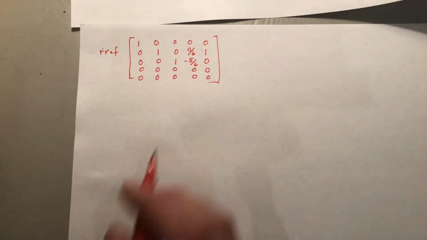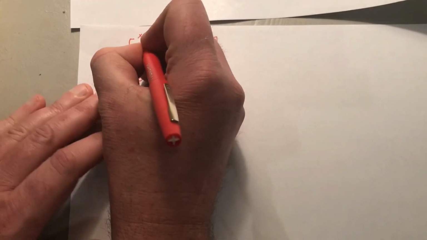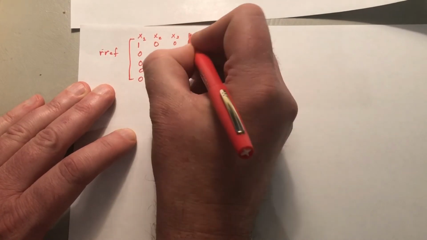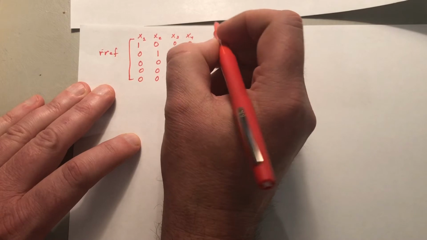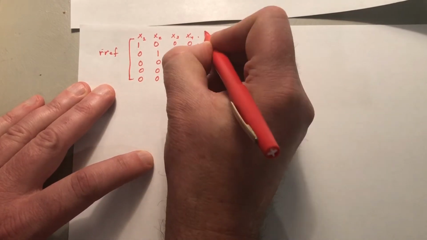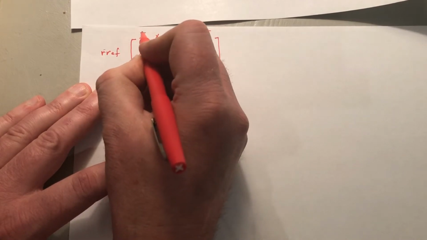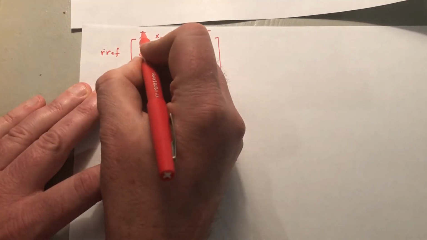So now, remember, to retrieve this, these columns represent my different entries. I didn't mean to put a bar over that.